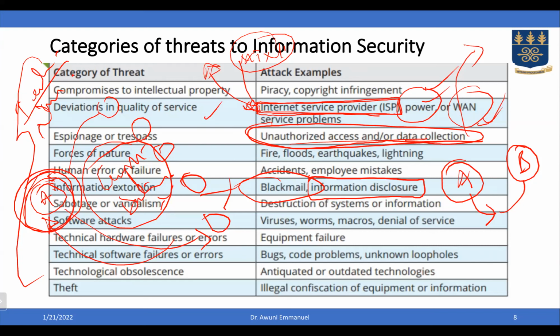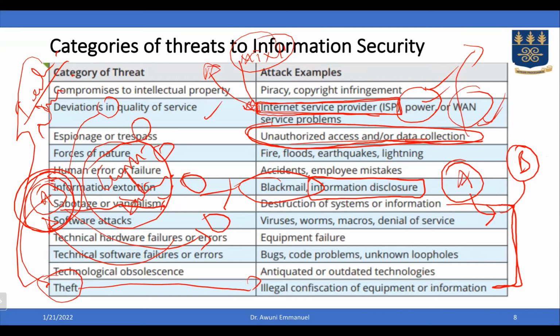So now, even though that's a classification, sabotage or vandalism can be linked somehow to theft. The theft here is illegal confiscation of equipment or information, or stealing the hardware devices.